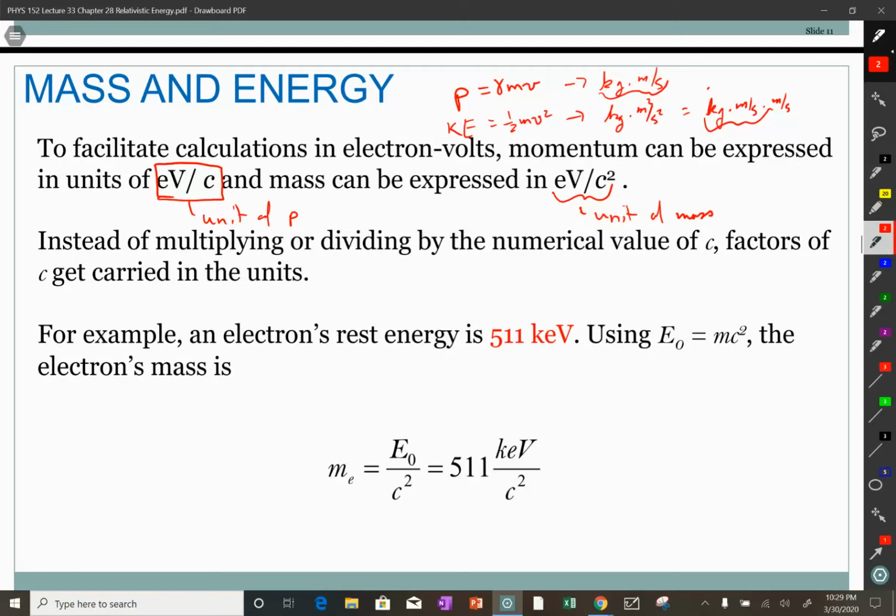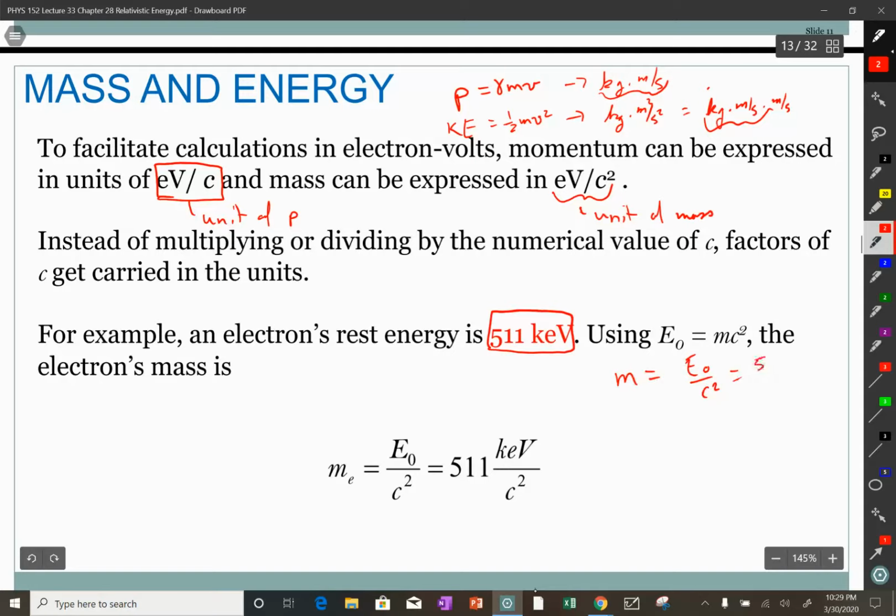If E equals mc squared and I have a rest mass, well, let's go the other way around. The electron's rest energy is 511 kiloelectron volts. And since E is mc squared, its rest mass is its rest energy over c squared.